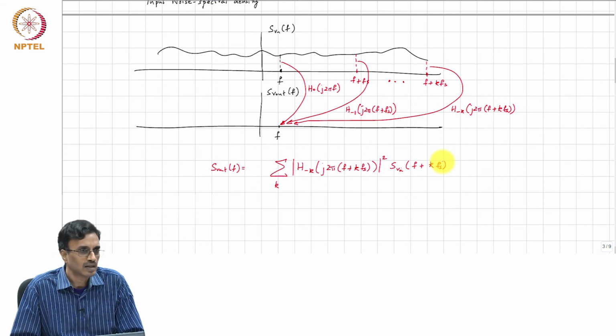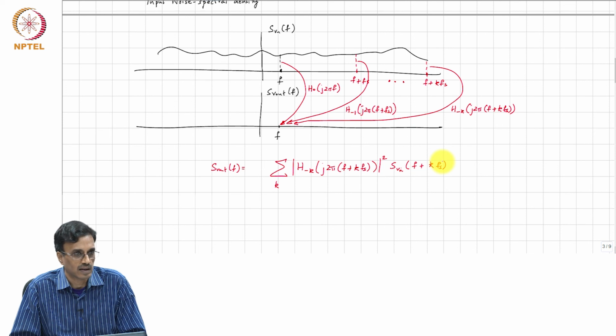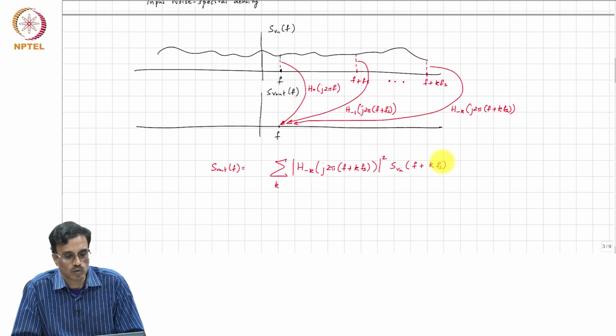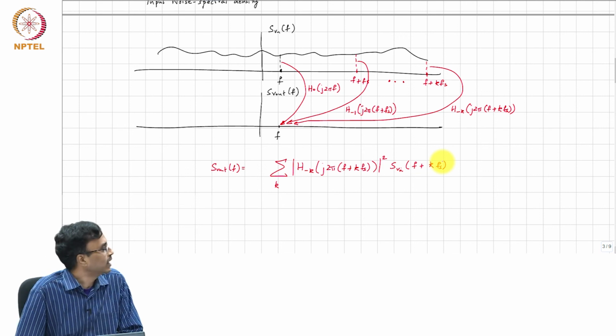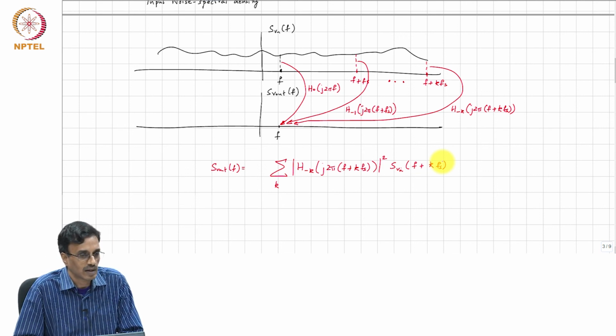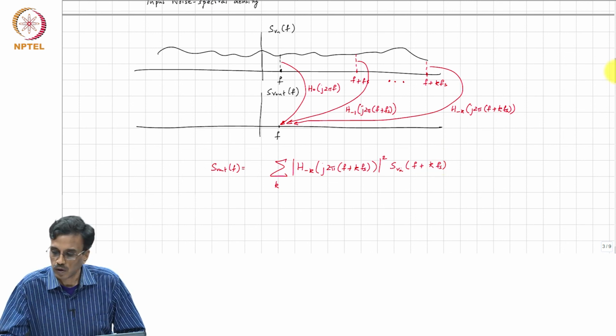Fortunately, there are simulators that will do the calculation for you, right. And a big part of the calculation is finding all these h sub minus k's, and that is easily done using the adjoint network.